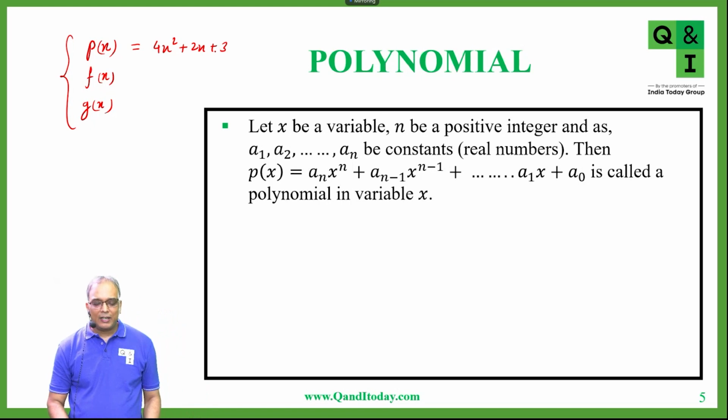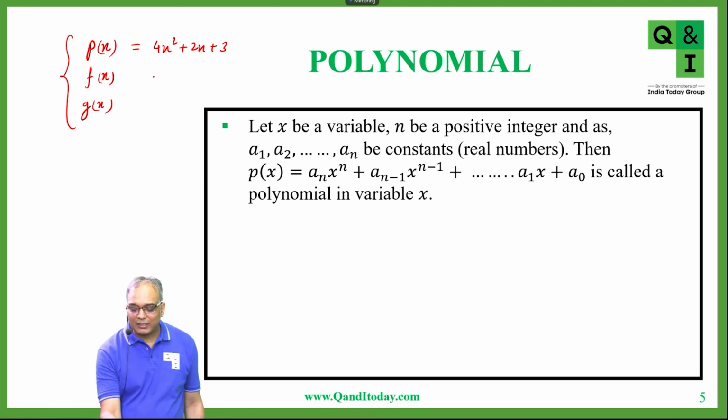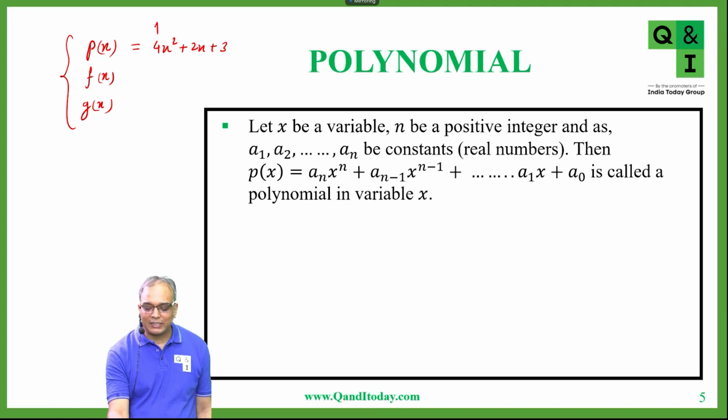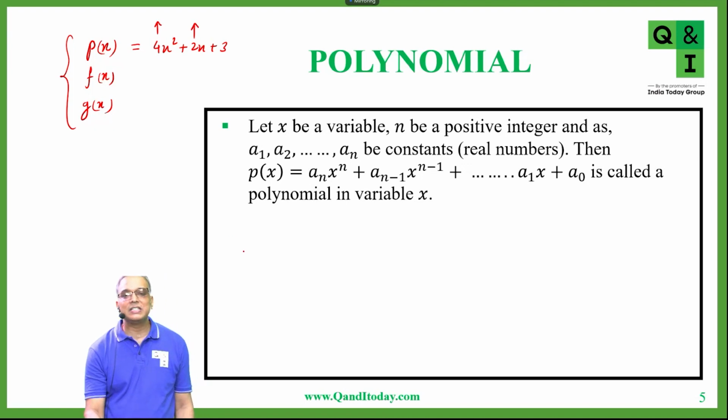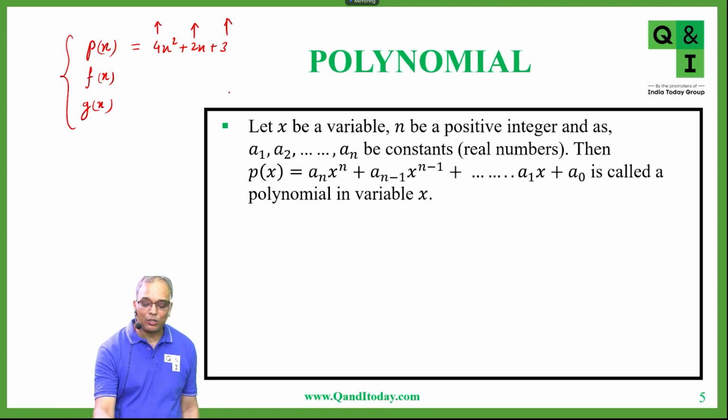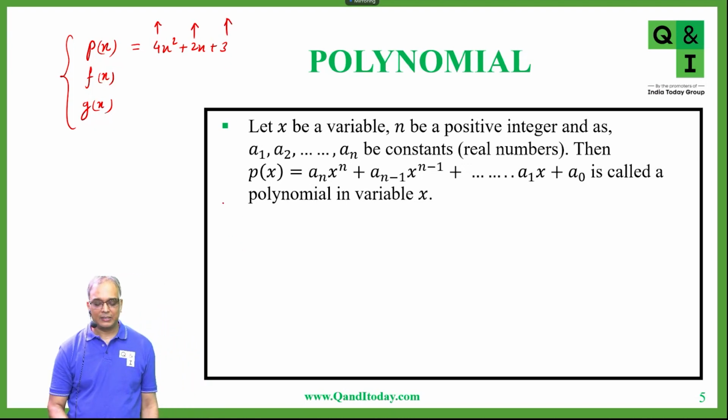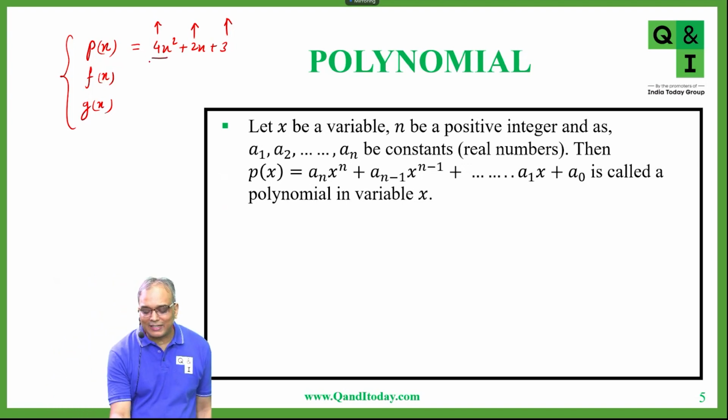So here, what are the conditions? You need to see the coefficients, right? These are all constants. So 4 is a constant which is the coefficient of x square. 2 is a constant which is the coefficient of x, and 3 is the constant term here, right? So these are different terms, 4x square, 2x and 3.